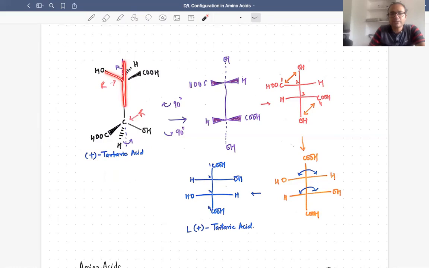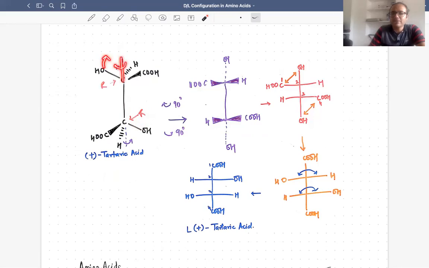Okay, to bring this OH on the back side. Similarly, when you talk about this chiral center, this is the bond that is on the plane, so you will rotate along this particular axis so that you can bring this bond on the back side. This is what we are actually doing. So if you rotate along this axis in a clockwise fashion, this OH will go on the back side.